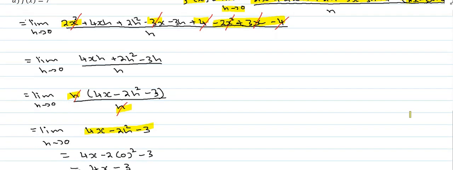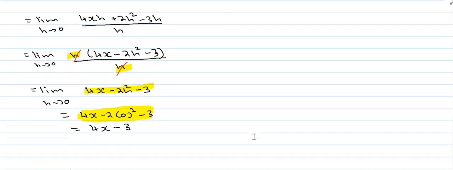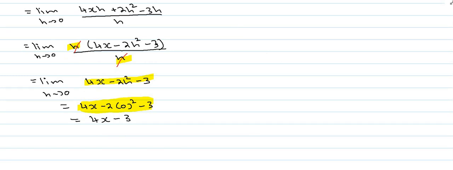Then the last step, you substitute 0. You don't write the limit as h approaches 0 anymore when you substitute 0. And your final answer will be 4x minus 3, using the first principle.